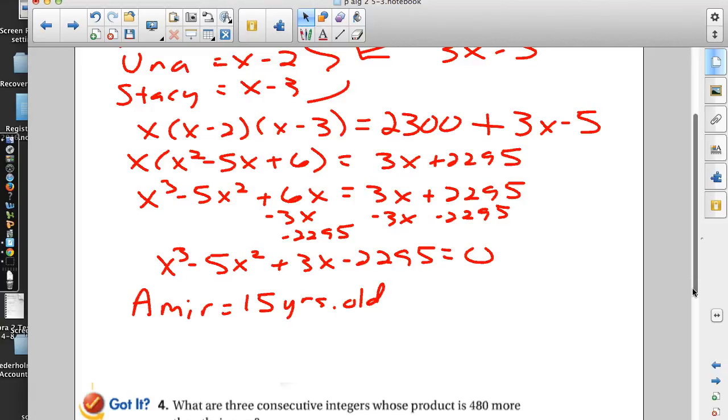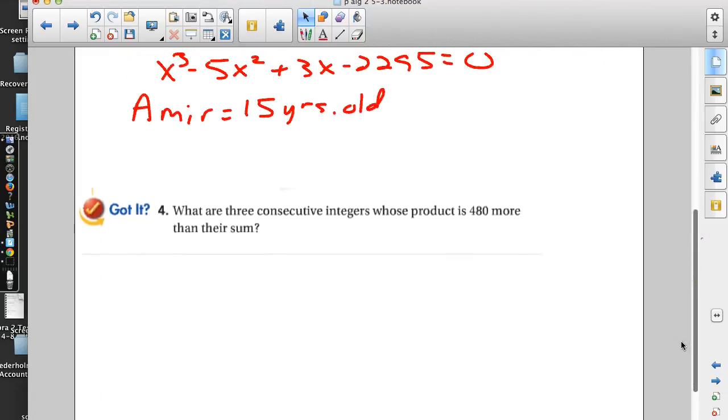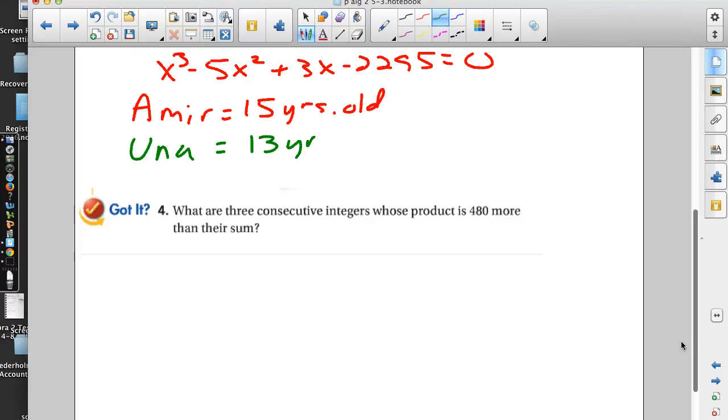So I don't think we answered the whole question. We've got Amir, but what about Una and Stacy? We need them. So how old is Una? 13, 2 years younger. And how about Stacy?